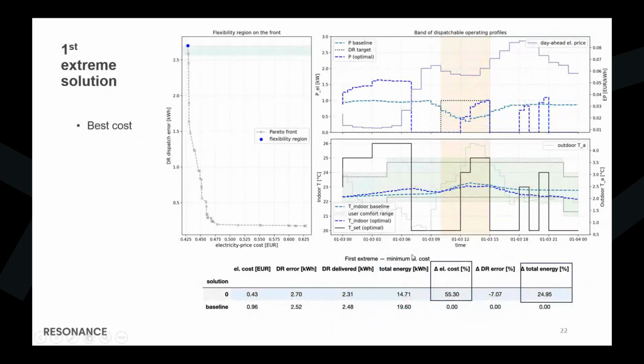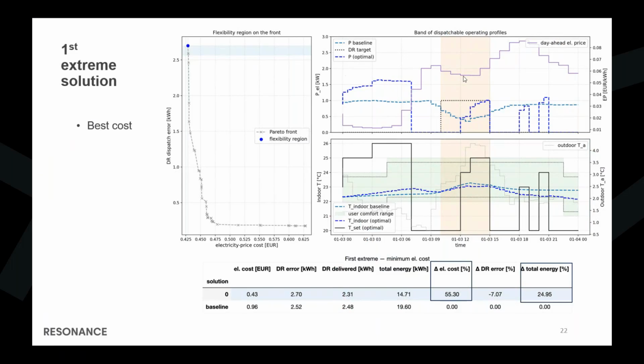Okay, so first we will discuss a first extreme solution, which is the solution that has the best cost, the solution that minimizes the electricity cost the most, right? Here on this panel, you can see the Pareto front with the gray crosses and the line, and this is the corresponding point of this best cost solution.